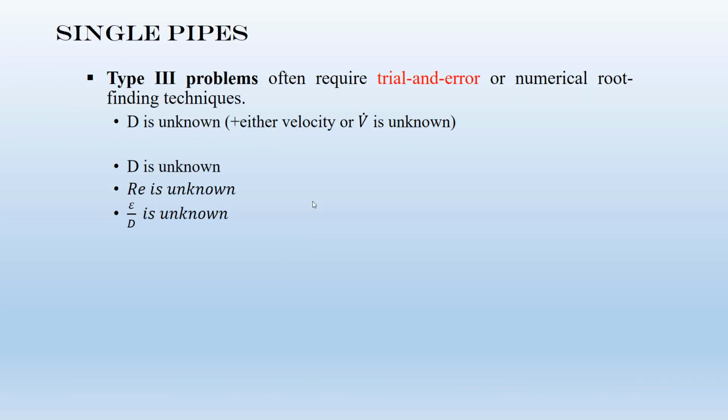So now, type 3 problems. The type 3 problem is actually the most difficult type of problem because almost everything is unknown. For type 3, D is unknown. So in addition to the diameter, either velocity or volumetric flow rate is unknown. In this section, I use both V dot and Q for the volumetric flow rate.